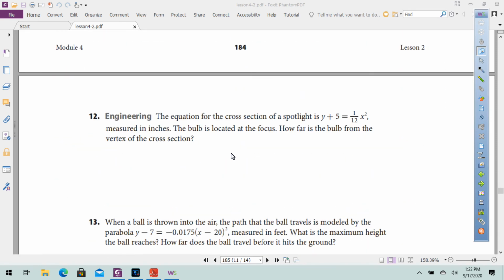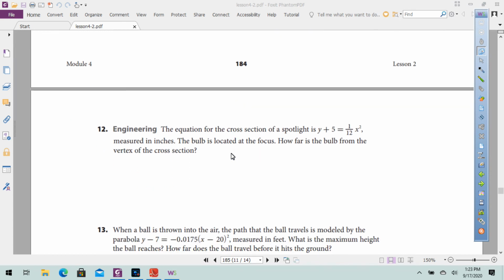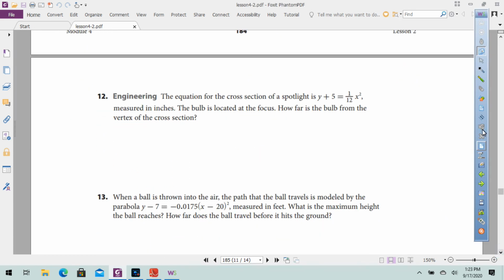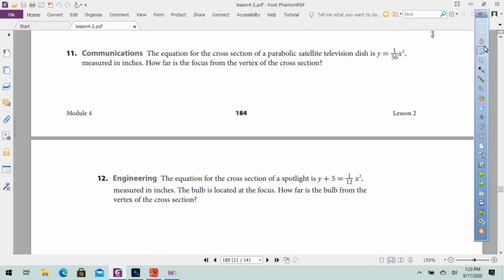The equation for the cross section of a parabolic satellite dish is y equals 1 over 50x squared, measured in inches. How far is the focus from the vertex of this cross section?